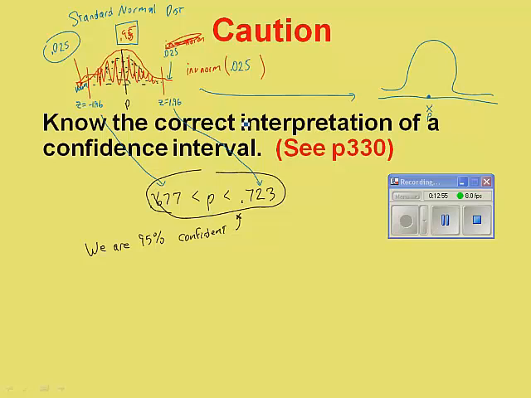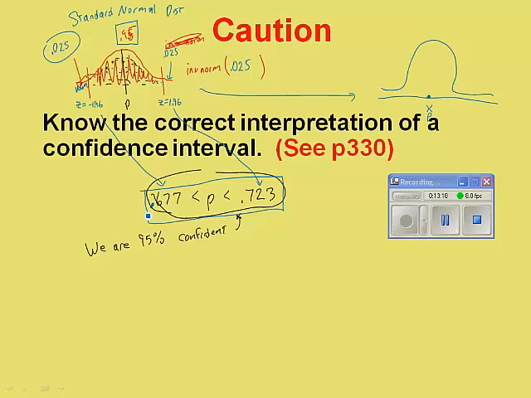Oh, I said caution, know the correct interpretation. Look at some of the incorrect interpretations. Is it true that there is a 95% chance that P is here? Not really. P's either there or it's not.